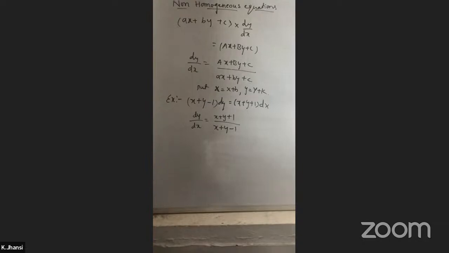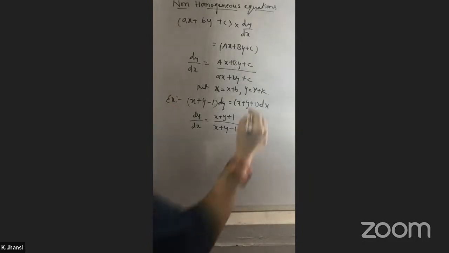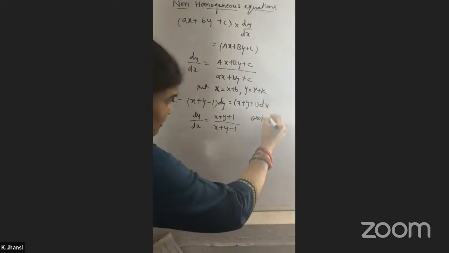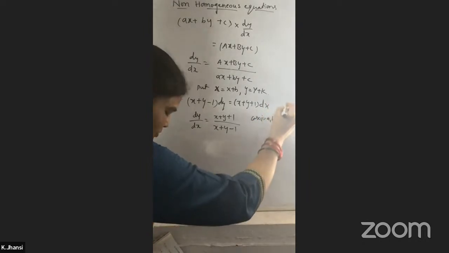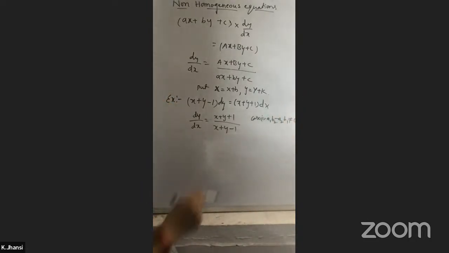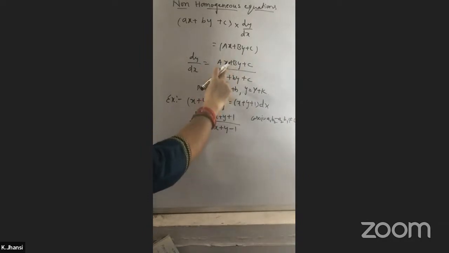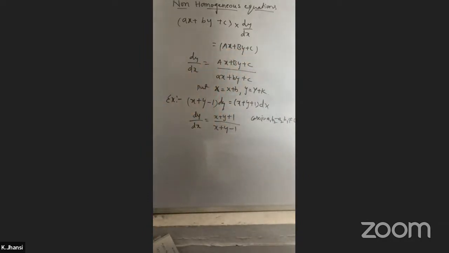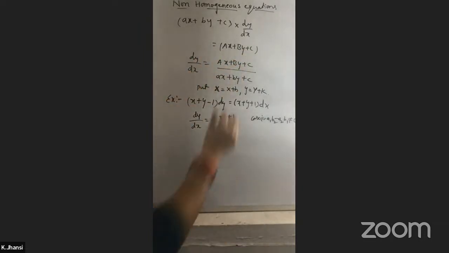And in this also, two different types of non-homogeneous equations will be there. Case one is A1 into B2 minus A2 into B1, if it is not equal to 0. Here we have capital A1, capital B1; instead of that, you can take it as small a1, b1, and c1.